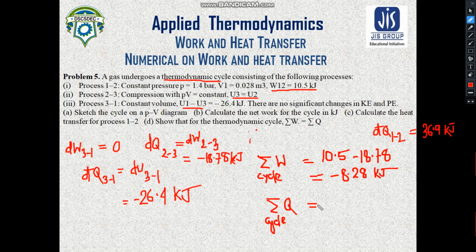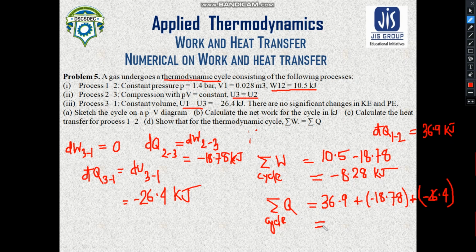And if we sum up the heat transfer for this thermodynamic cycle, it will be Q1 to 2, which is 36.9, for dq 2 to 3, that means the heat transfer for the process 2 to 3, it will be minus 18.78, and for the process 3 to 1, it will be minus 26.4.